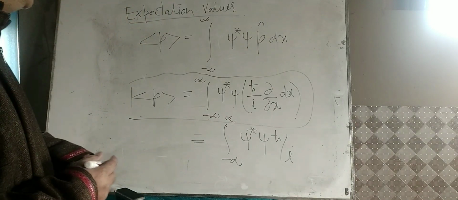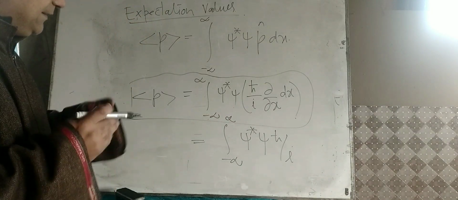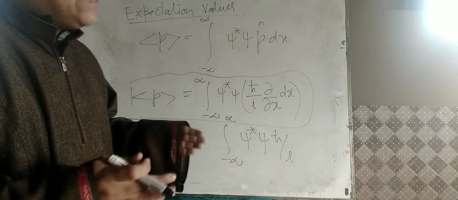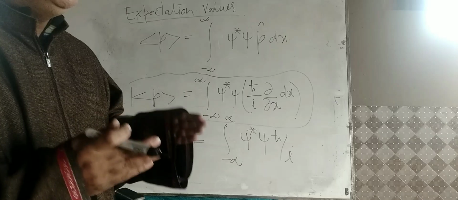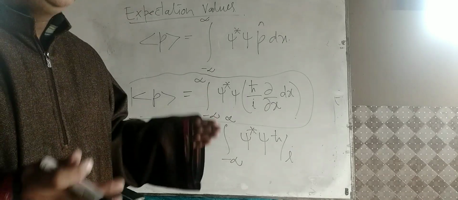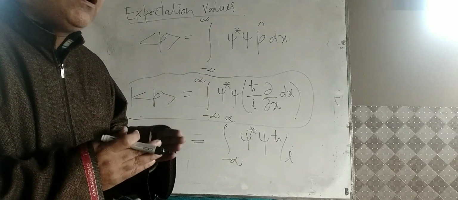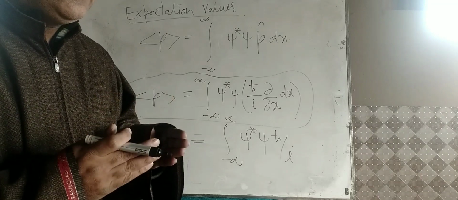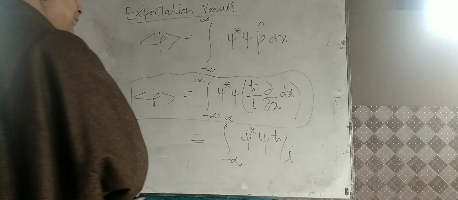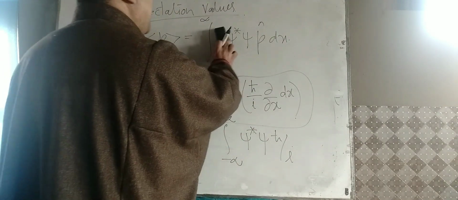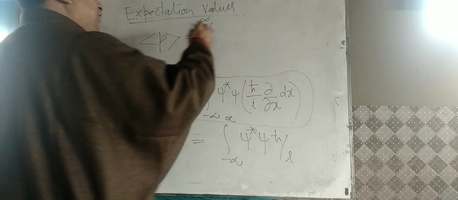So the point is that an operator has a right place. You have to make sure that this operator is between these two psis. It has to be between psi star and psi, right? And the moment we have placed it between psi star and psi, we can calculate the expectation value.